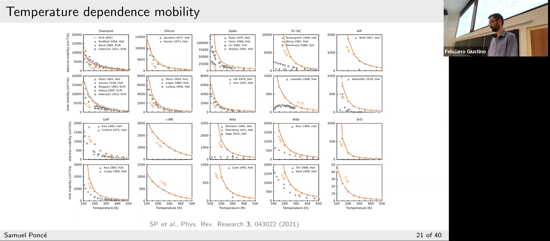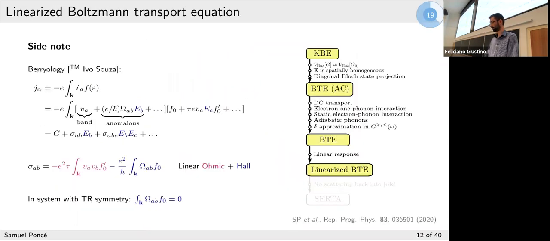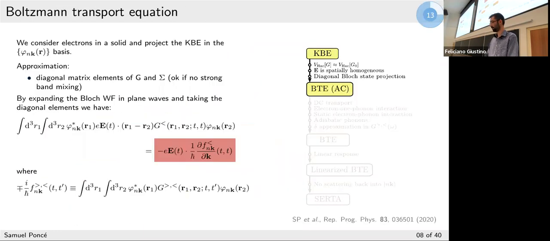So on slide 8, you mentioned the approximation where you only use the diagonal elements. Yeah, this is exactly what's written: if no strong band mixing. So that wouldn't be okay. I agree.